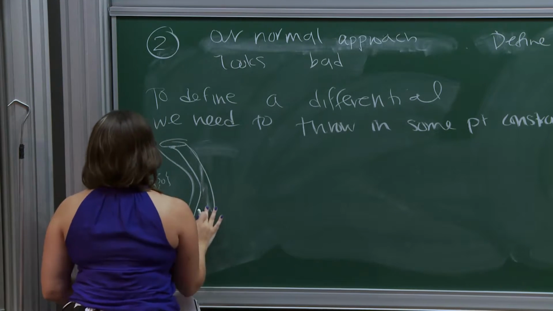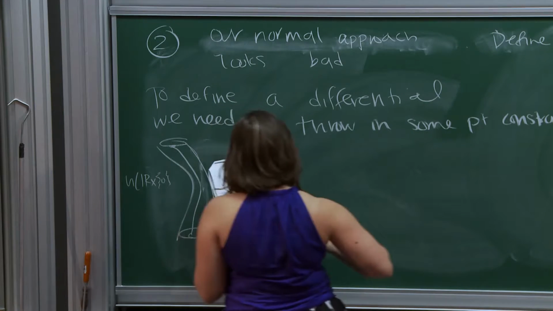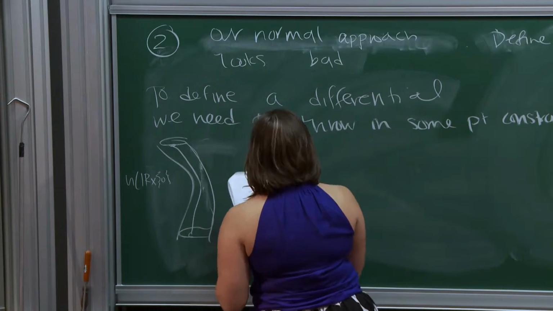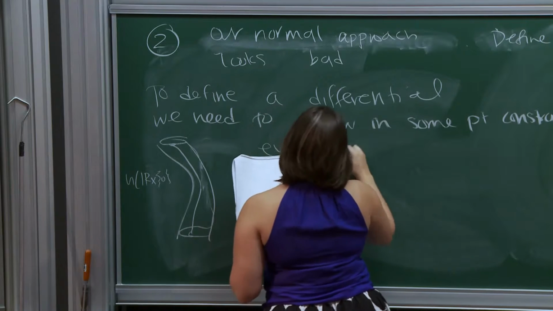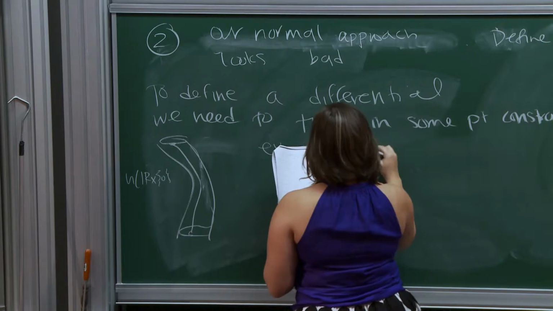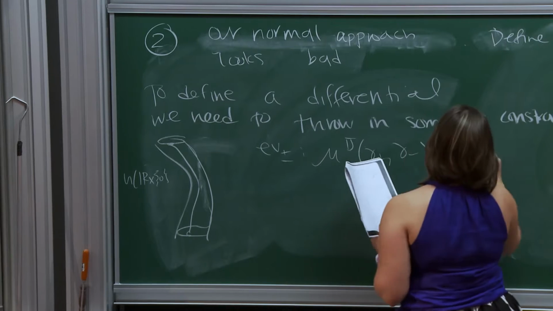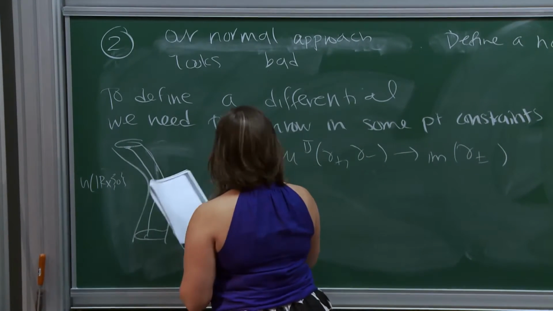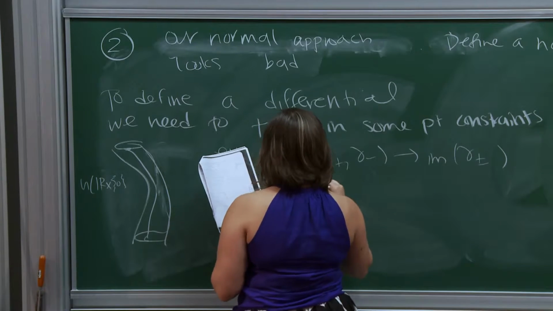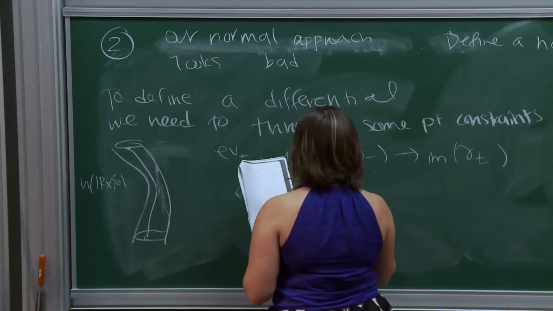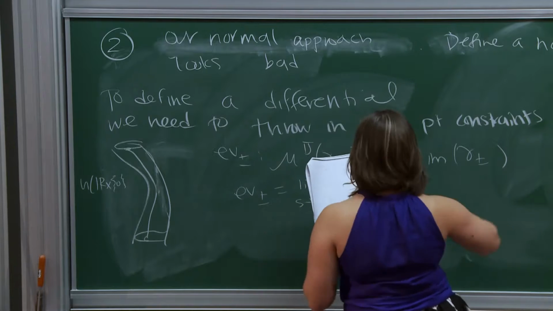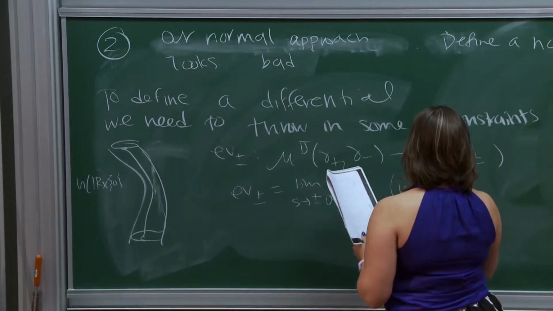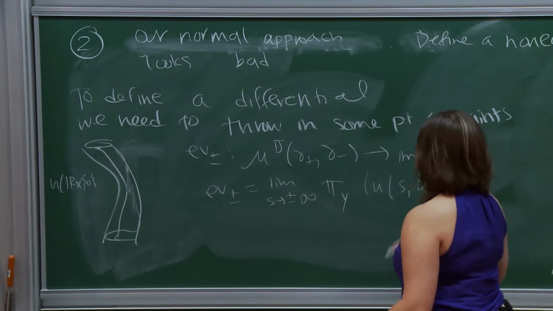You can use this to define evaluation maps from our moduli space into the image of gamma plus minus, which we define to be the limit as s goes to plus or minus infinity of the projection of the curve when we look at time 0.